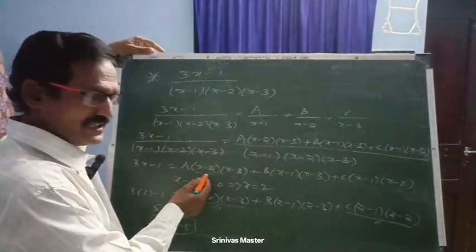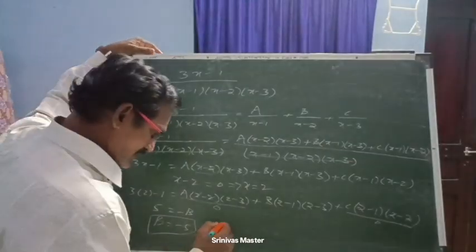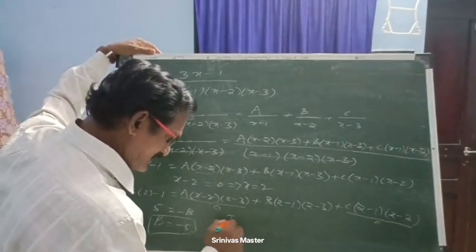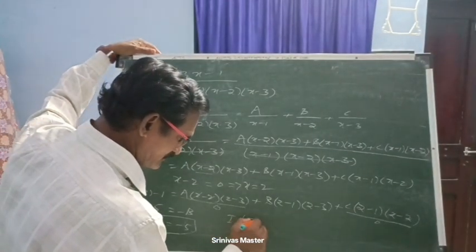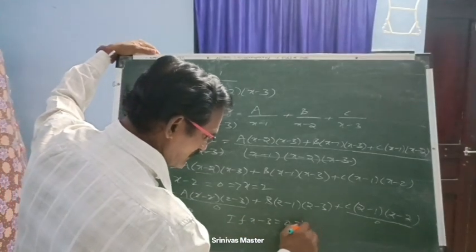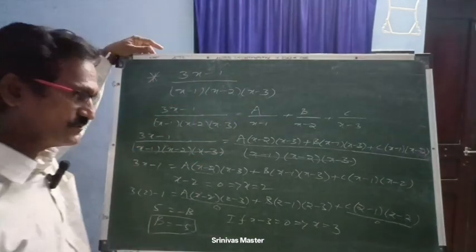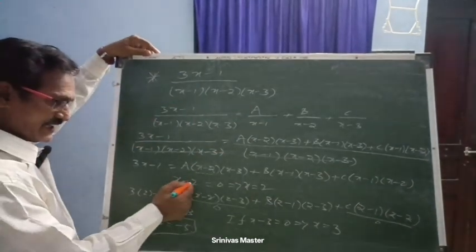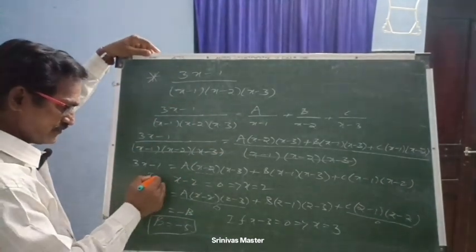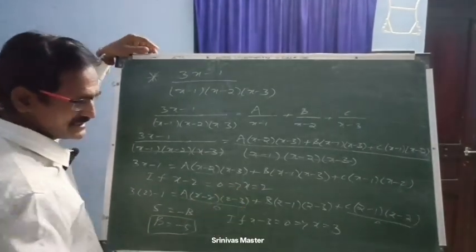Here x minus 2 you have taken now. Next we take x minus 3. Okay? That means if x minus 3 equal to 0, then x equal to how much, children? x equal to 3. Here we took x minus 2 equal to 0, so we can say x is equal to 2.